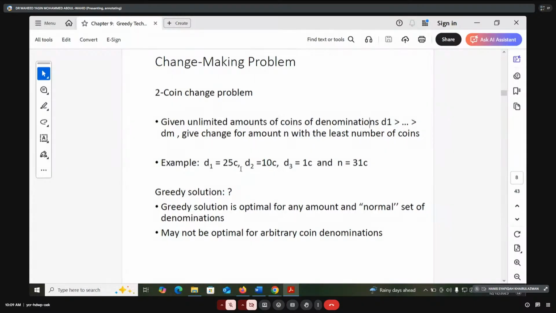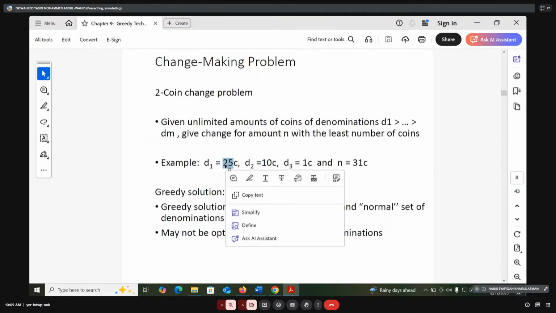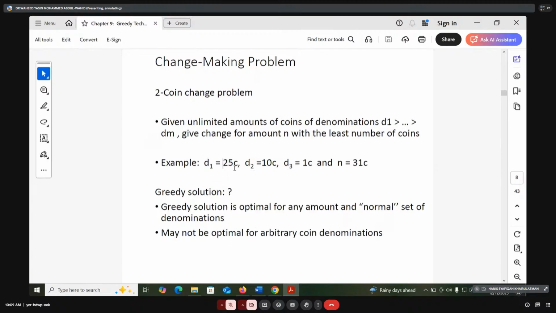Example: d1 is 25, d2 is 10c, d3 is 1c, n is 31. So according to the greedy approach, I will start with the biggest note, and the biggest note is 25. So here I will give you 25.